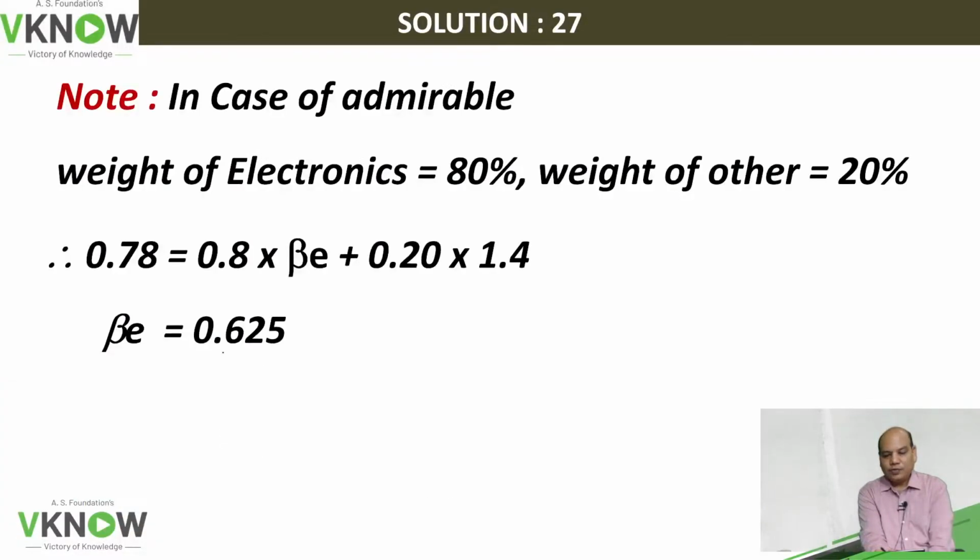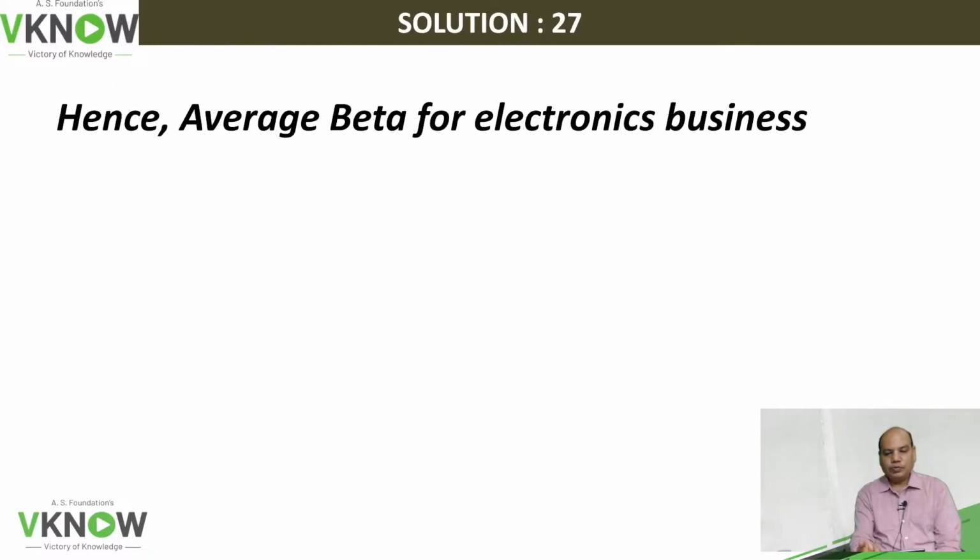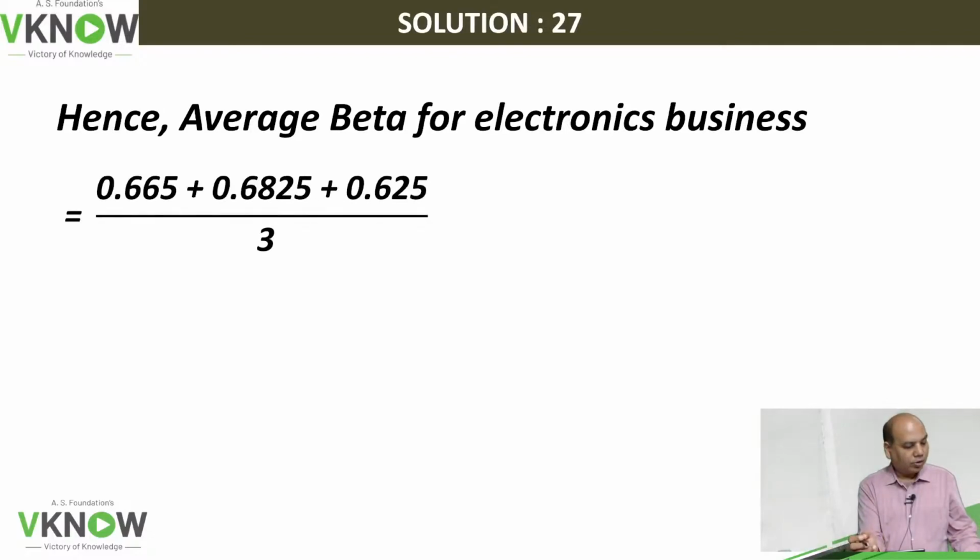I got the answer from PV Divya: 0.625. Very good. Amazing. Some of you are really dedicated students. Hence average beta for electronics business: this is for Superior, this is for Admirable electronic business, this is Meritorious electronic business.